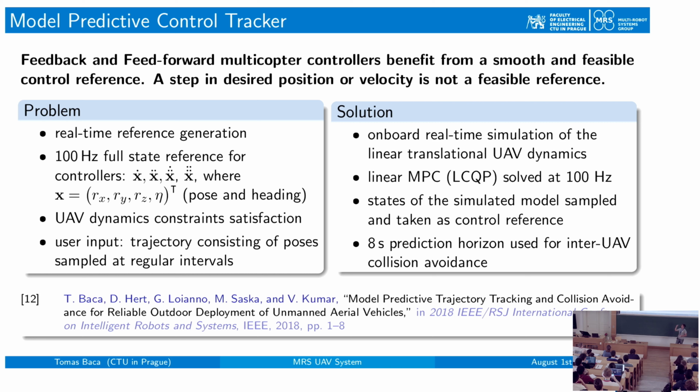So this will optimize the trajectory such that it's actually flyable. And this can also do collision avoidance. If you have multiple drones flying outdoors under GPS, if you try to collide them, this should make them avoid each other. We use this often, and it's quite nice to have if you play with multi-robot systems.